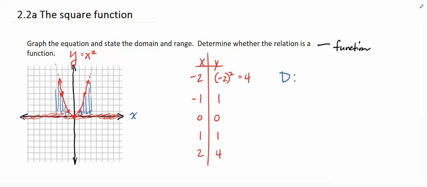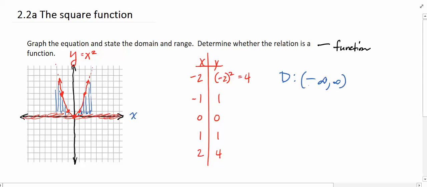Well, that, folks, is the domain. In other words, it's from -infinity to infinity, or you could say that it's all real numbers. You could also put it in set builder notation, x such that x is an element of real numbers. So any way you want to write that.